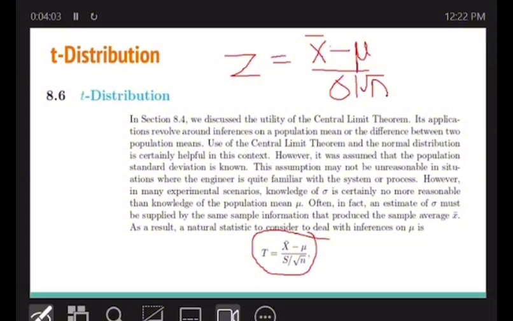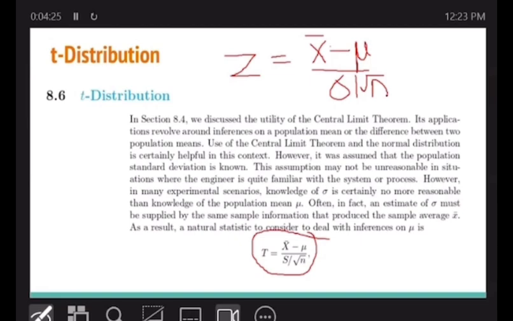It's going to be T distribution instead of Z. So it would not be appropriate to use a Z in a situation where the sample size is small and when the population standard deviation is not given.